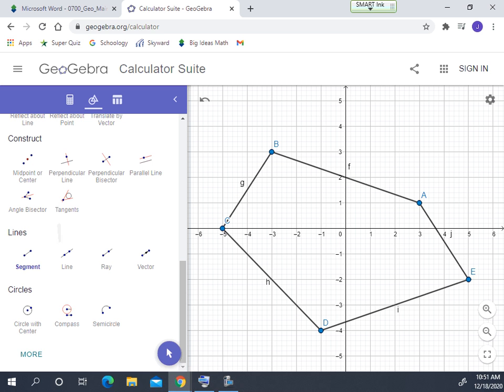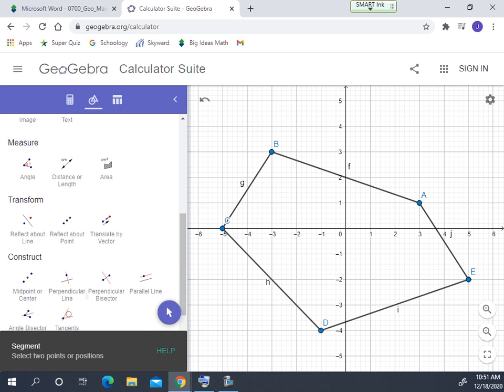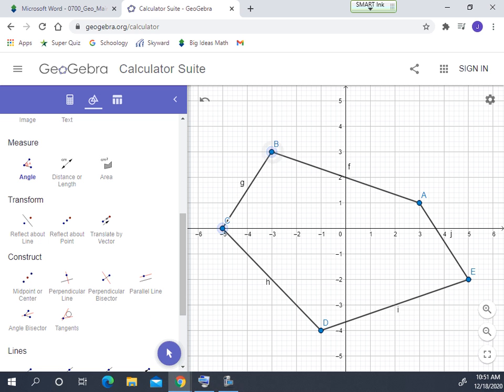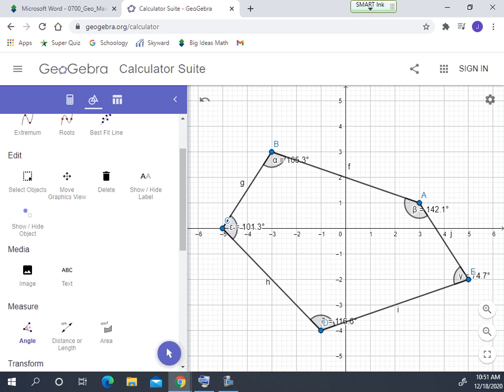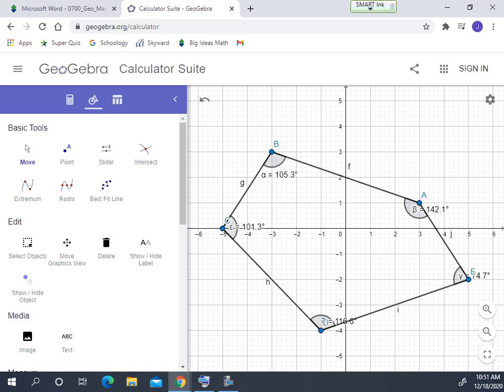Okay, now let's find the angles. And then let's add all of these angles up. I want to make sure I can see all my angles clearly so I don't make any errors here. I can see them all pretty clearly.